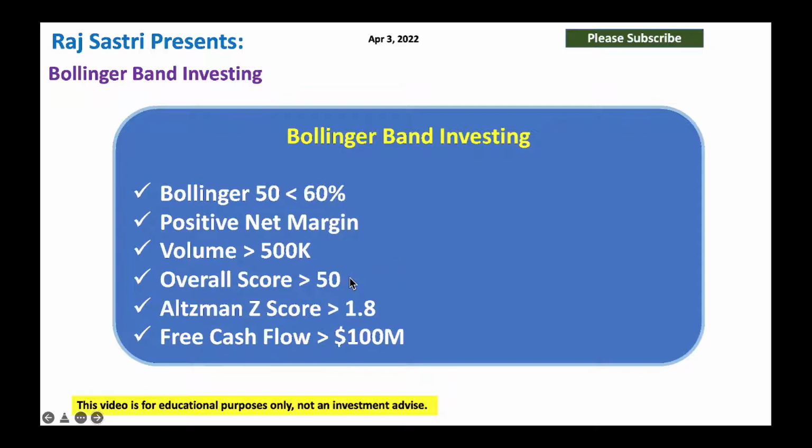No need to worry about company fundamental perspective. And we have the Altman Z score, which is the gold standard when it comes to financial stability. It's more than 1.8. That tells you this company is not going to go bankrupt. And free cash flow is more than 100 million. That tells you the company is churning out cash on a quarterly basis. The trailing 12-month free cash flow is more than 100 million. These are the stable stocks.